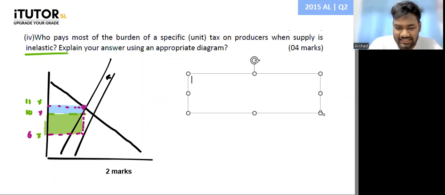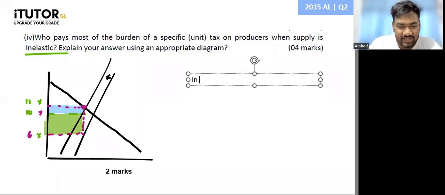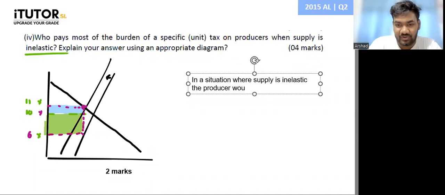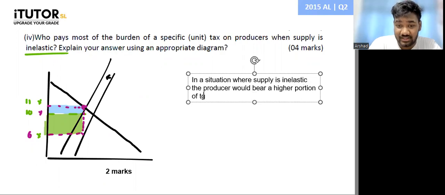You can say your explanation can be: in a situation where supply is inelastic, the producer would bear a higher portion of the tax.